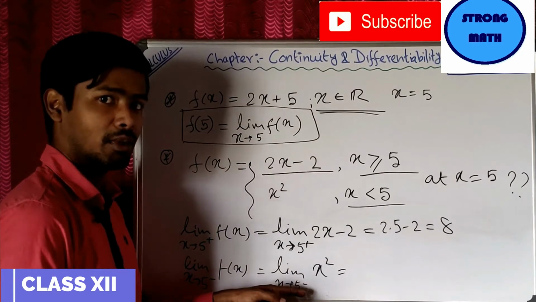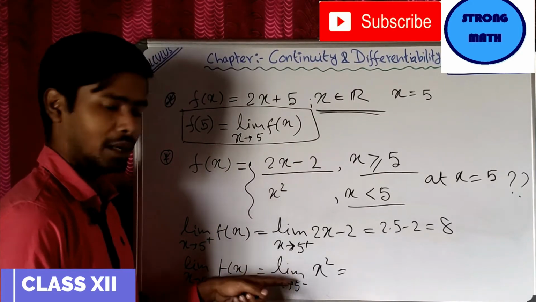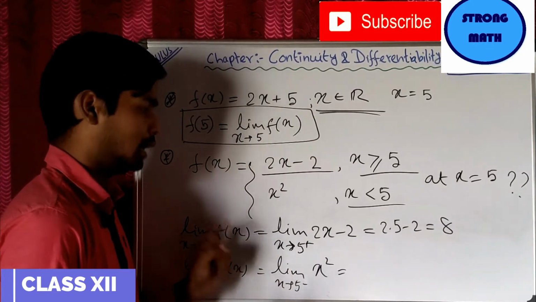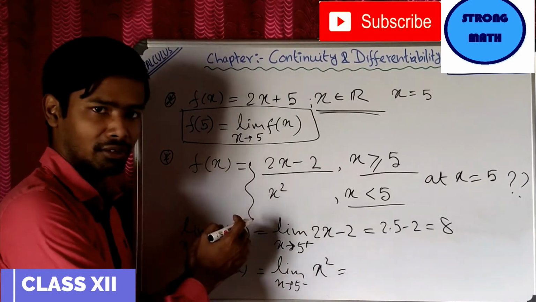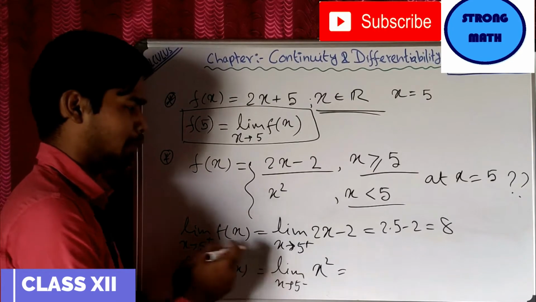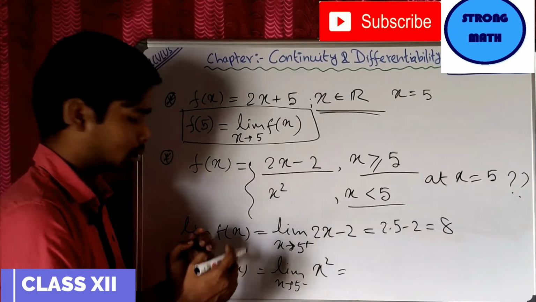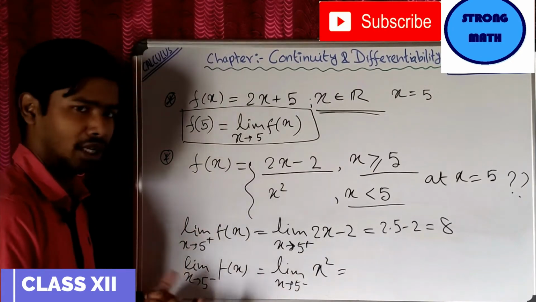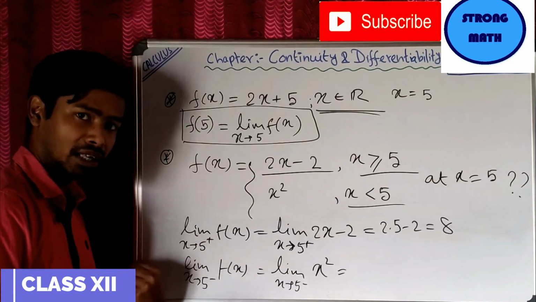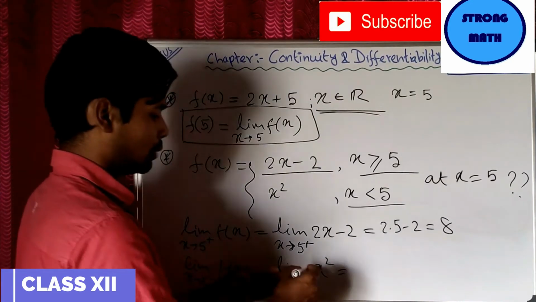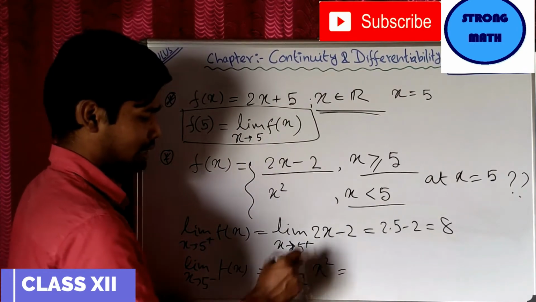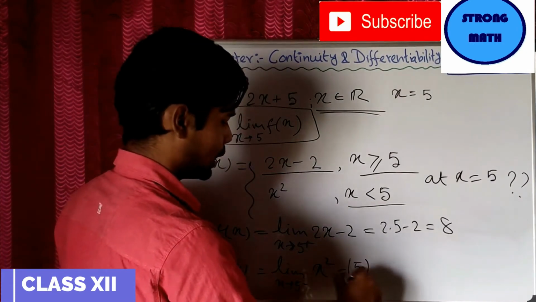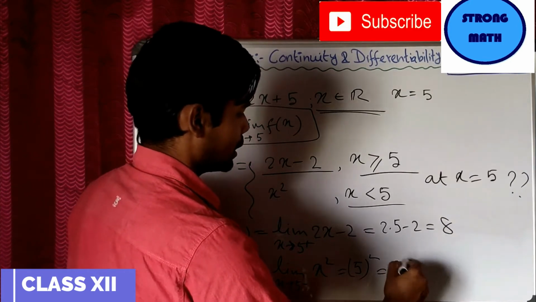Remember, x tends to 5 minus gives us the direction of taking the function. We have to take the value of the function when x is on the left hand side of 5. So limit x tends to 5 minus x square gives us 5 square, which is equal to 25.